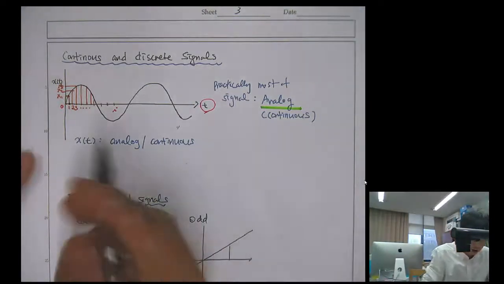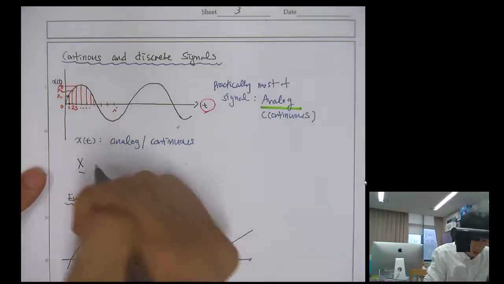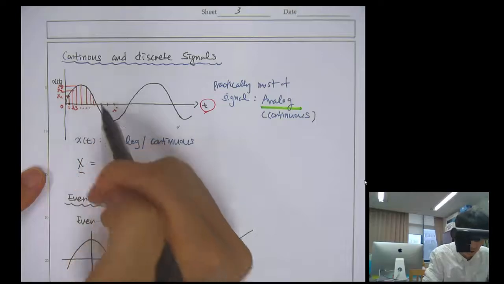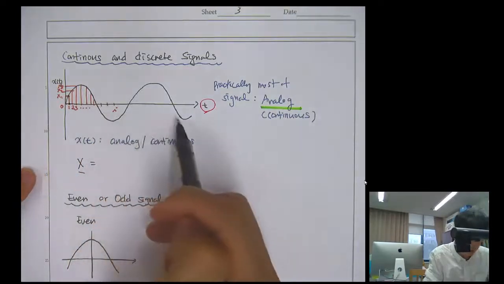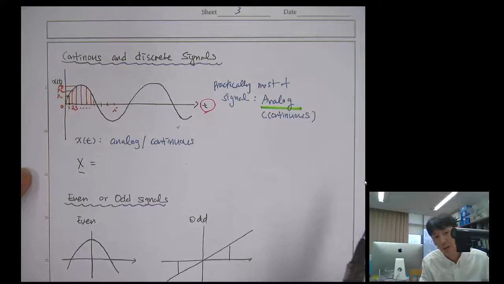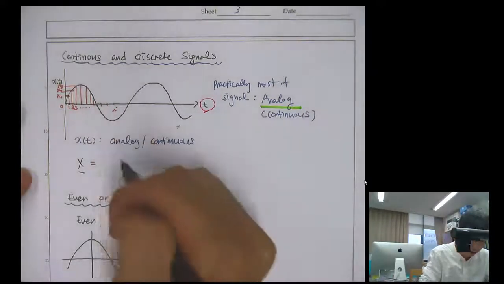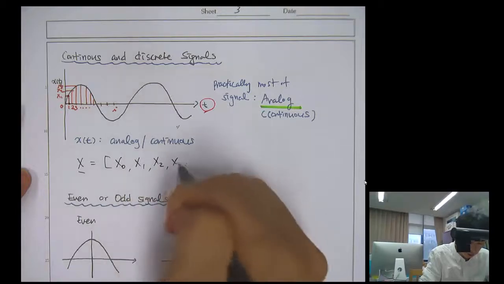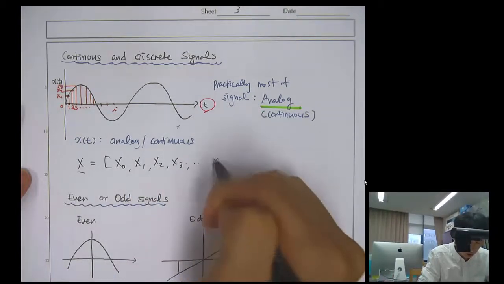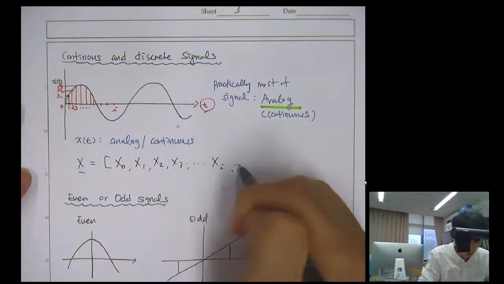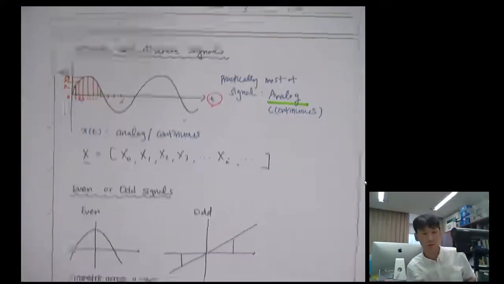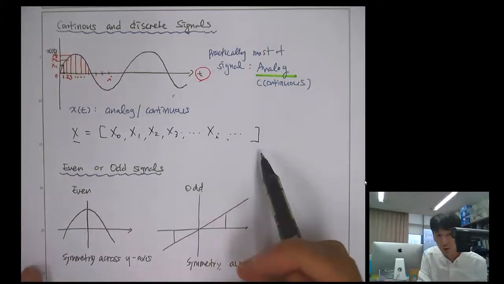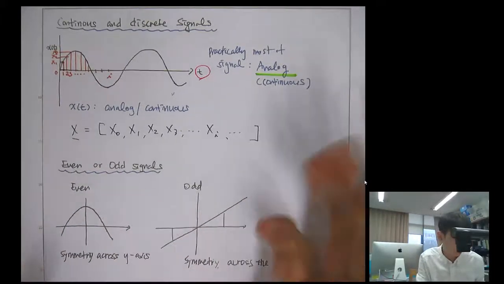So x1, x2, x3, x4, x5, x6, xi to a certain xn could be a one array, yeah? x0, x1, x2, x3, xi, like that. So the signals are now digitized into an array here.